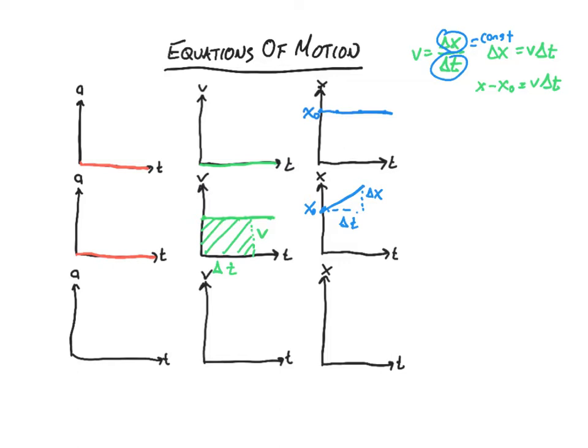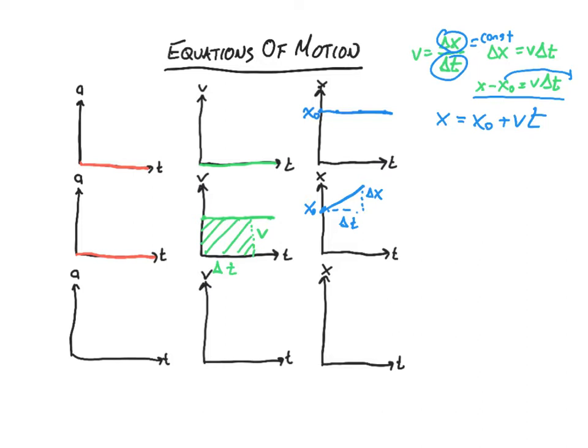So it doesn't matter where we started, this gives us the change in x. So notice, going back to our equation up here, if we just pull the x0 over, we get x equals x0 plus vt. So we're partway to our x equation of motion.